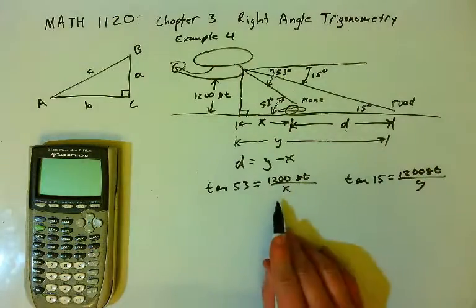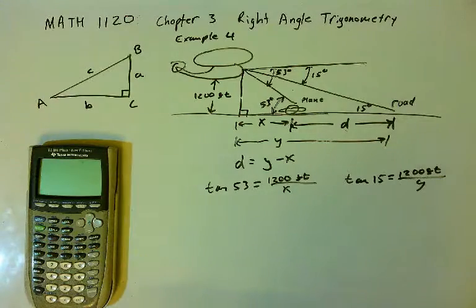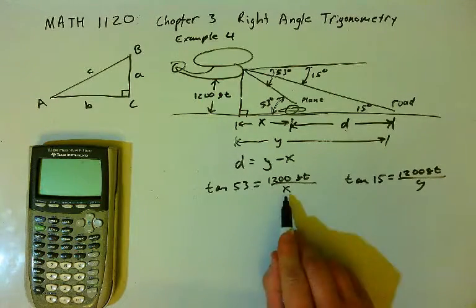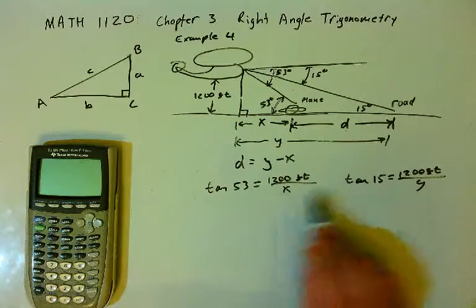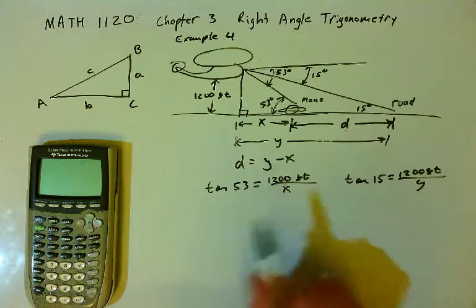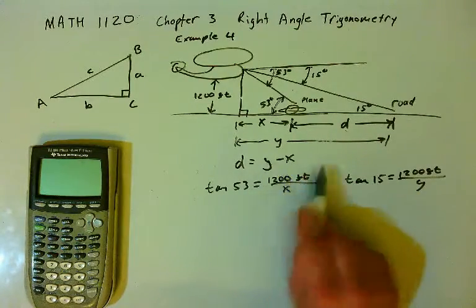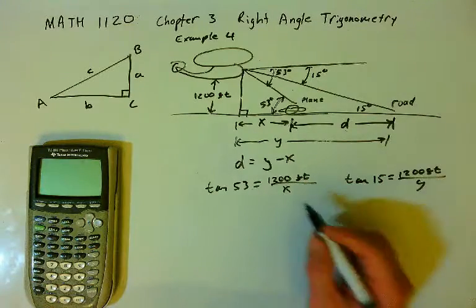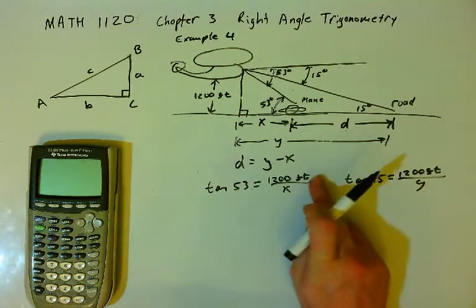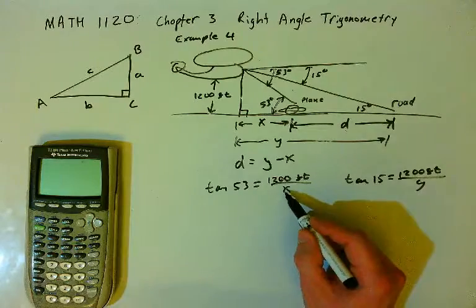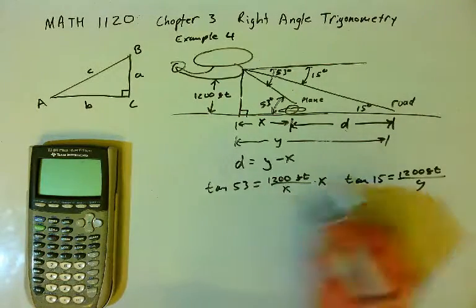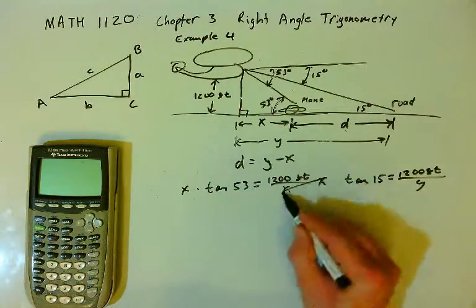We have these two different equations, and we want to solve them for x and y so that we can plug them into this one. If we know x and y, we can subtract them, and that will give us d. To solve for x, x is in the denominator. We want it not in the denominator, so we start by multiplying both sides by x so that they cancel over here.